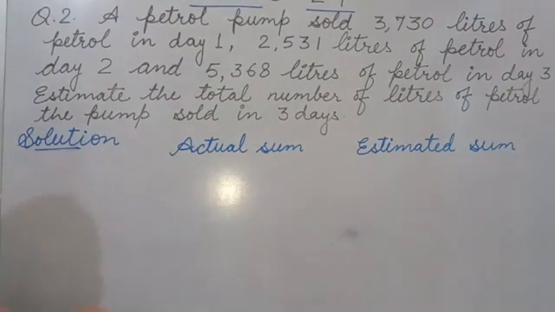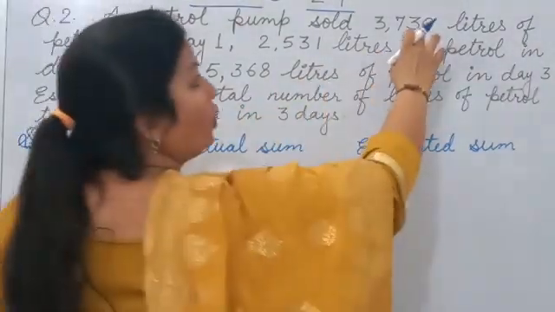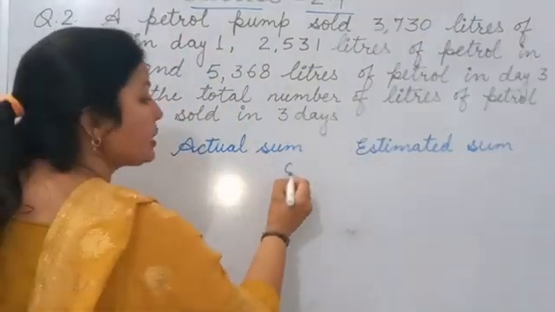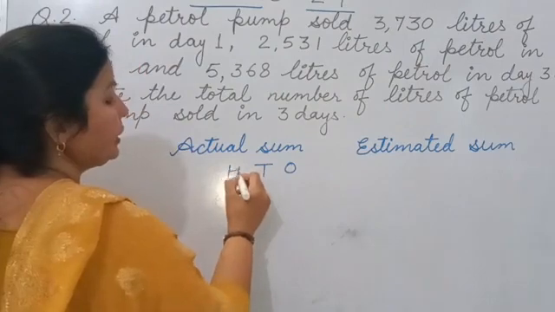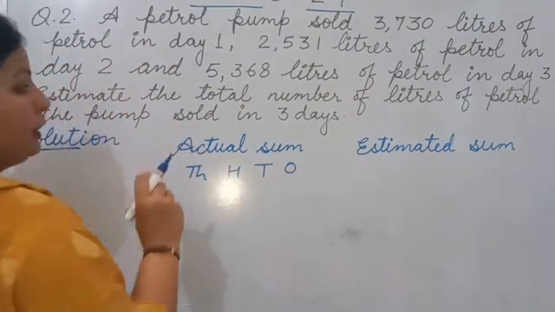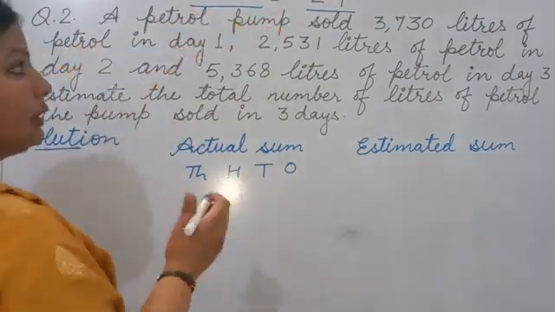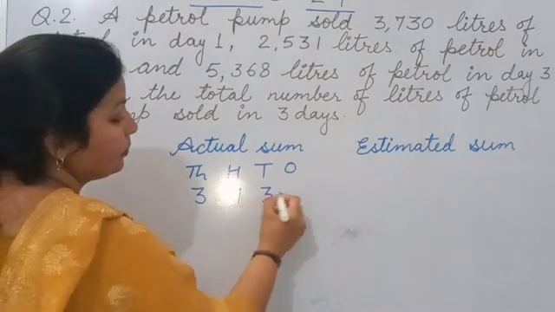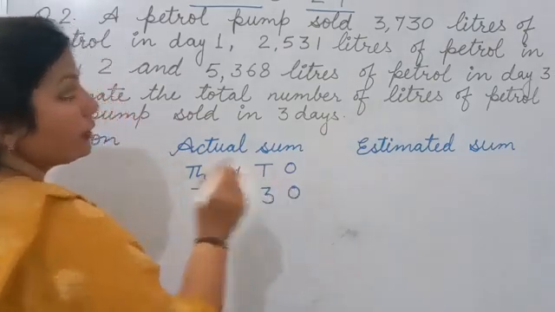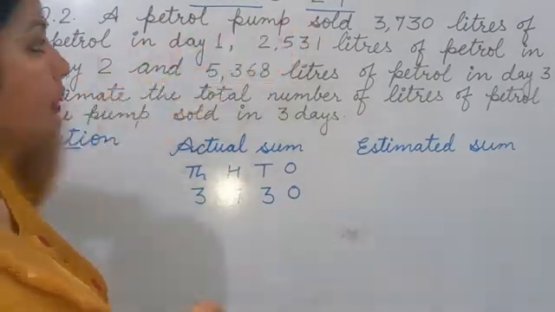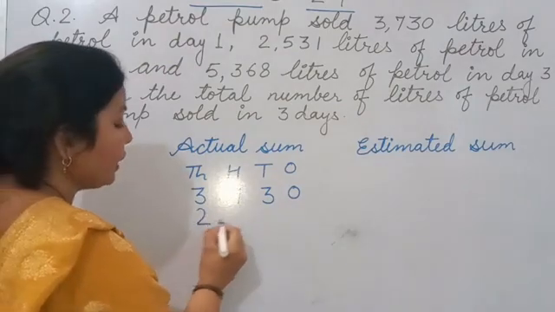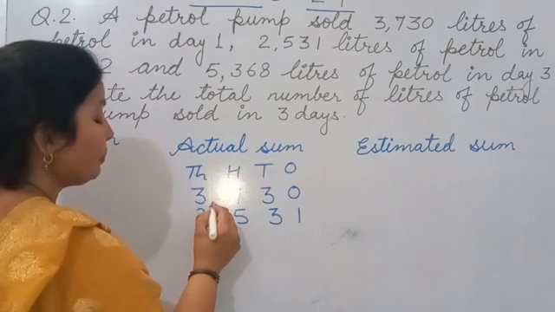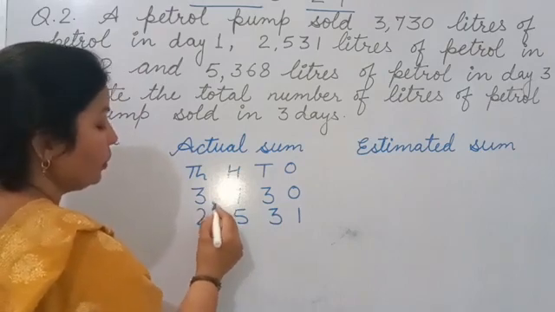Okay. Here you can see that all numbers have 4 digits. So we should write 4 columns: ones, tens, hundreds, thousands. Now day 1 is 3,730, so we write here 3,730. Now day 2 is 2,531. We should put a comma here to separate the thousands period.